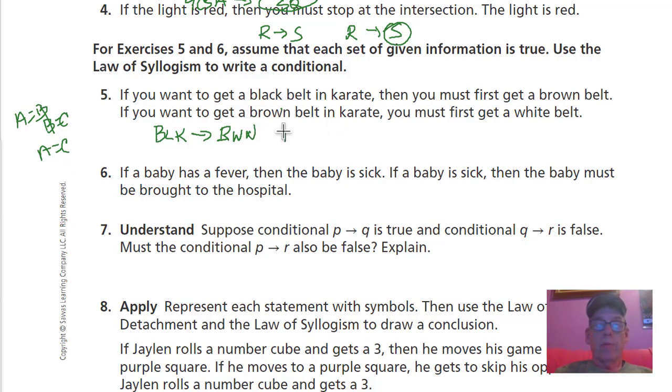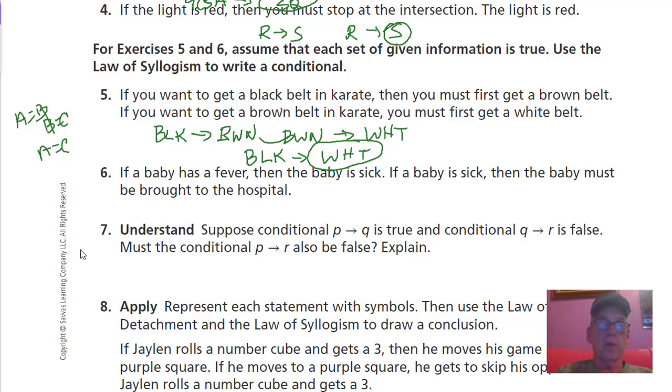But brown belt requires white belt. So what can we say? If you want to get a black belt, you're going to have to get a white belt first, and then you work your way up. So if you want a black belt, you have to get a white belt. That's what we can conclude.